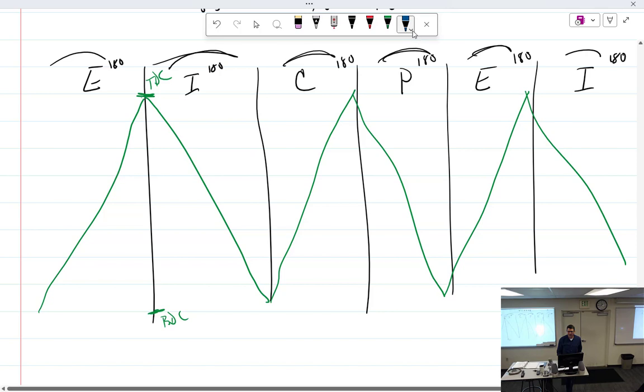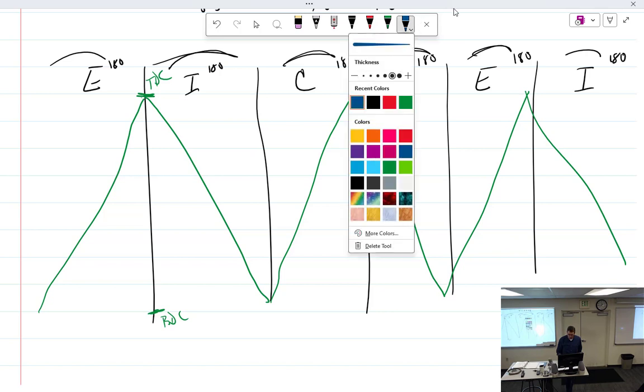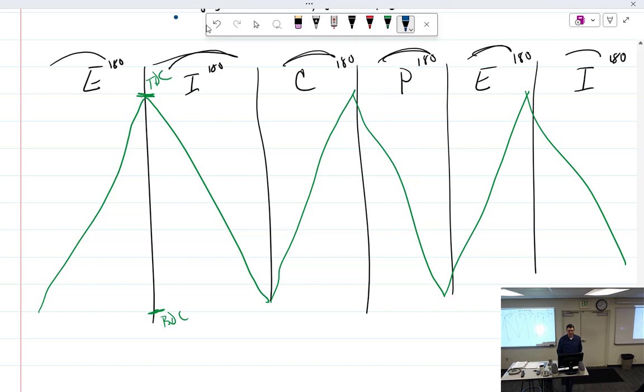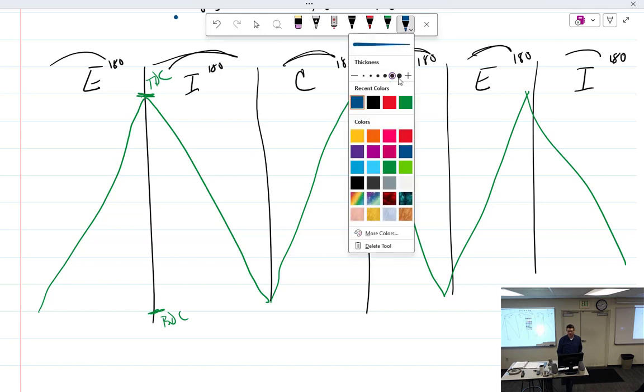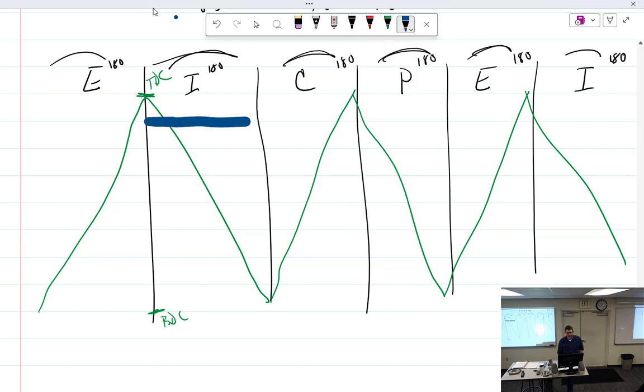Now, when did I say the intake valve opens? Where do we know it to be open? In our simplified version, which stroke is it open? Intake stroke. So the valve is open right there on the intake stroke.